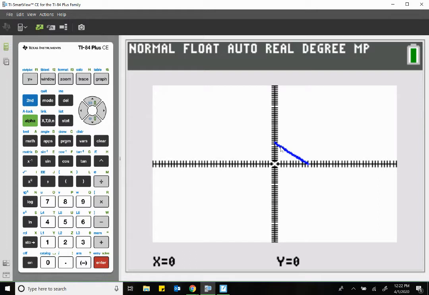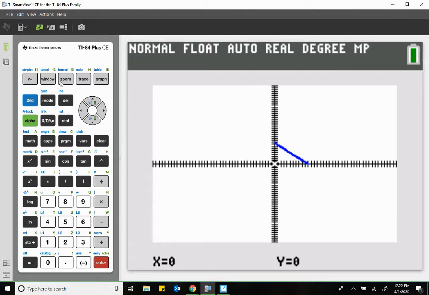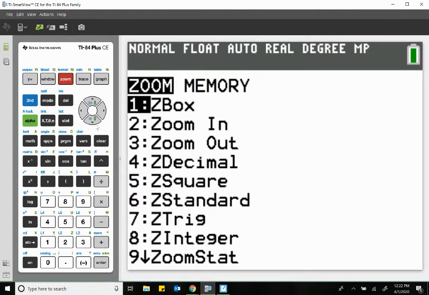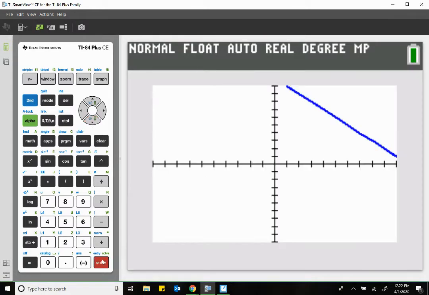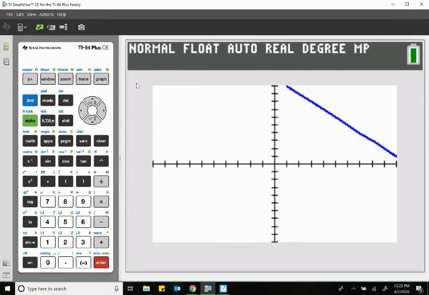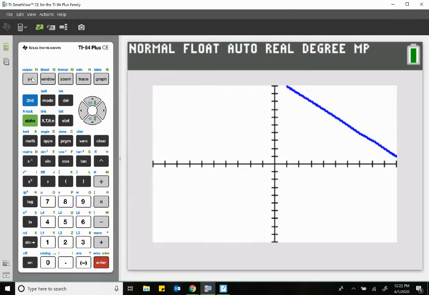You're looking at part of a full graph. So you're looking at part of a possible line here, depending on what happens over here and down here. Okay? So go back to Zoom Standard. All right. So let's go in and find the rectangular equation for this.